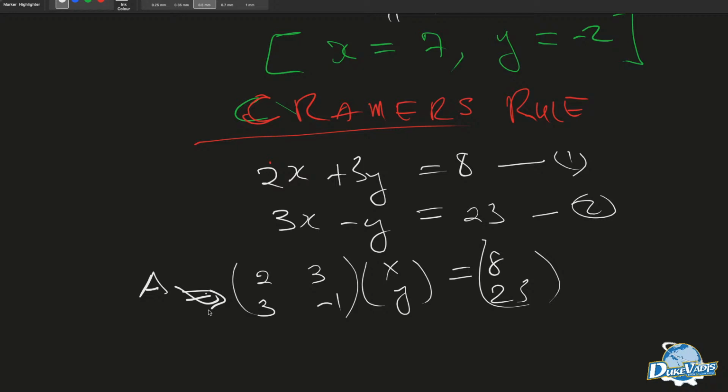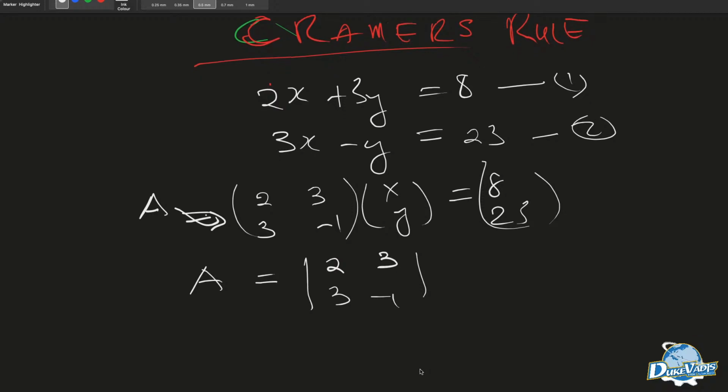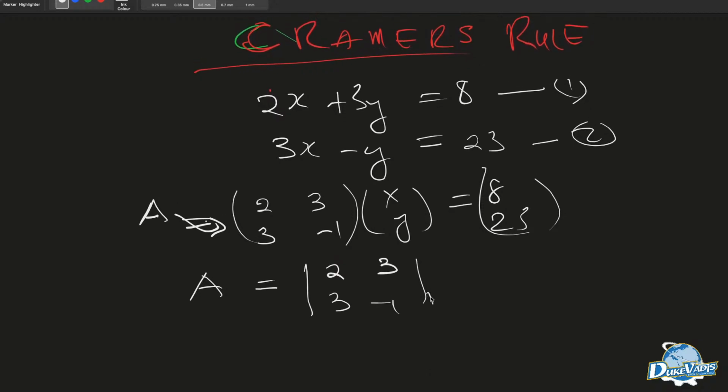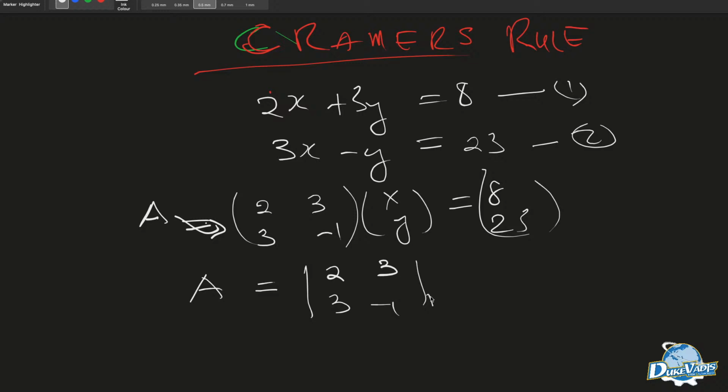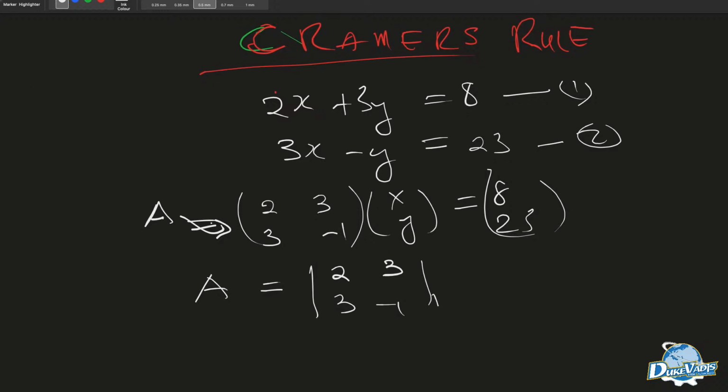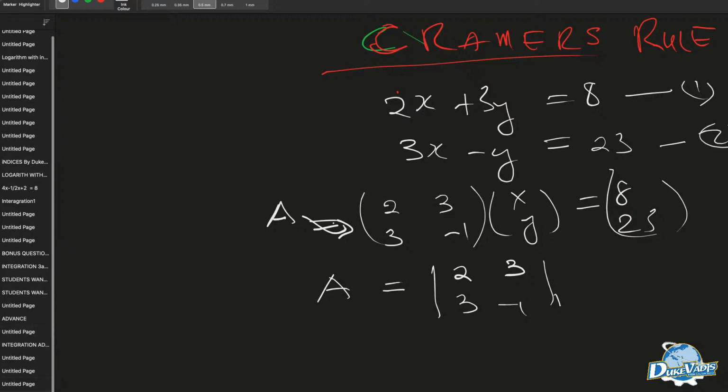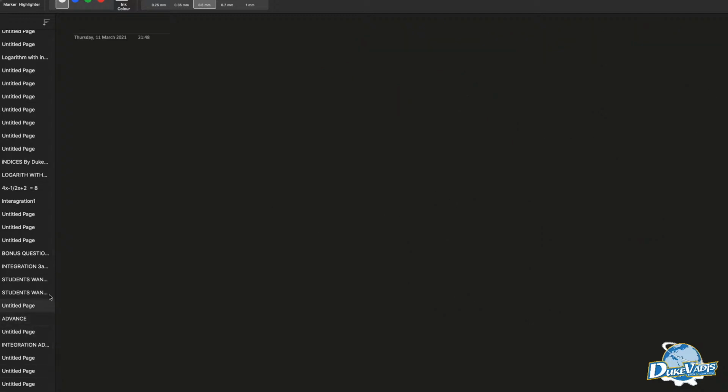So our matrix is now 2, 3, 3, negative 1. We're still on Cramer's rule. So we have our equation.